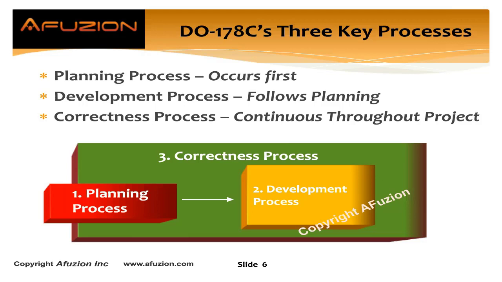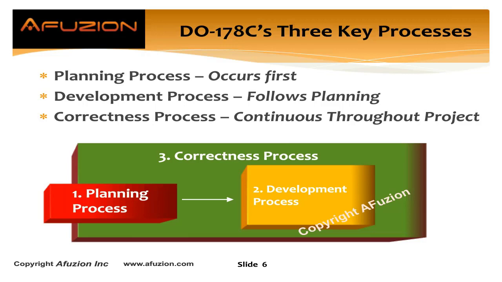In the background, we put it in green. The reason it's green is because that's the color of the U.S. money, right? Here in America, the money is green. So that is a very expensive process. We need to manage that process. It's continuous throughout the project.